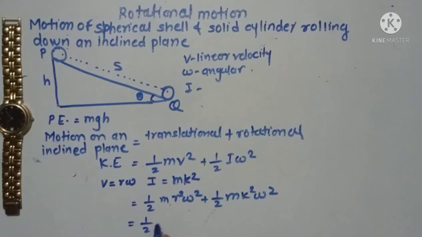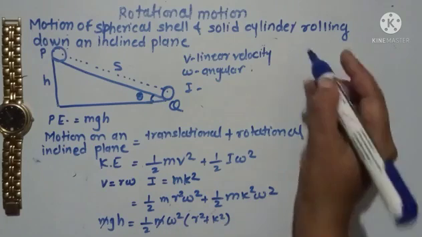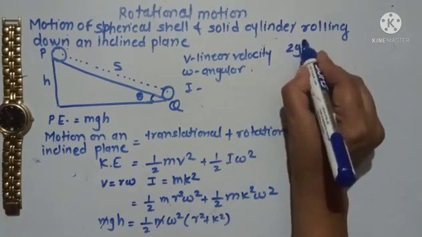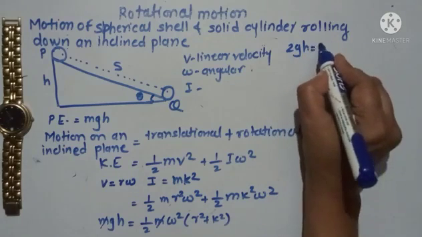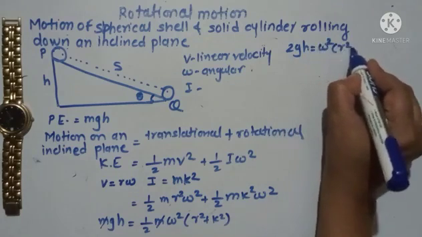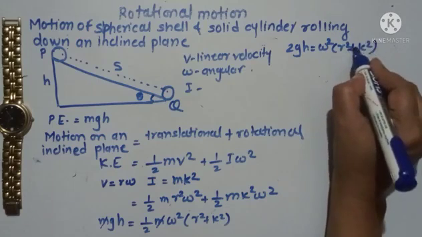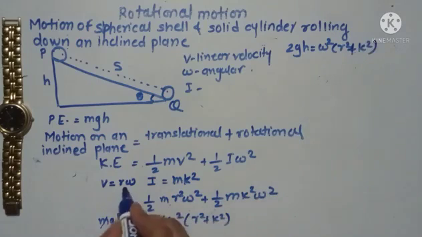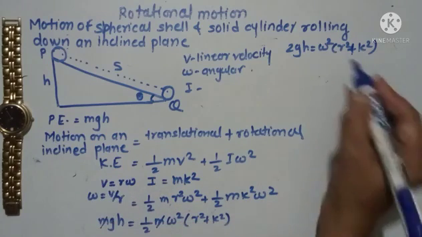If we take the common 1/2 m omega square, it will be r square plus k square, and this is equal to m g h. So this m will get cancelled, and I can write 2gh is equal to omega square into r square plus k square. I can put this omega as v upon r from this equation.